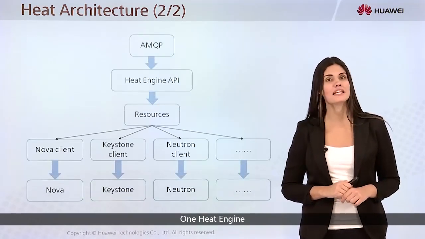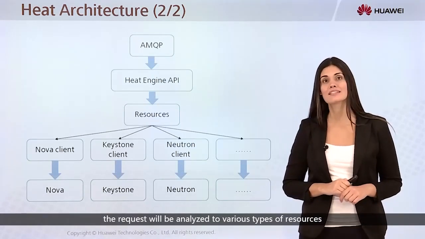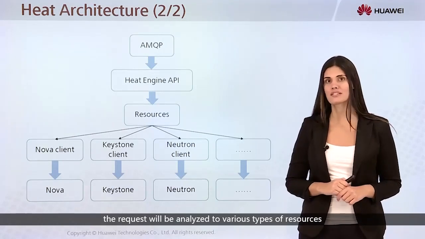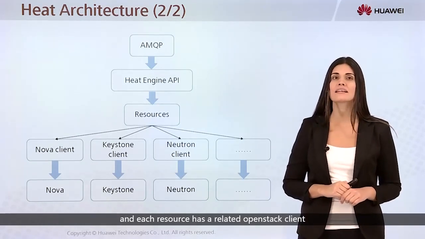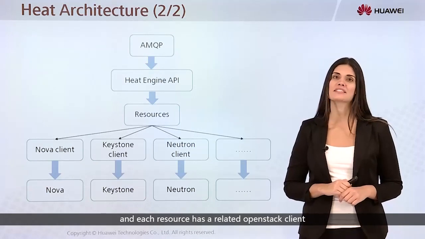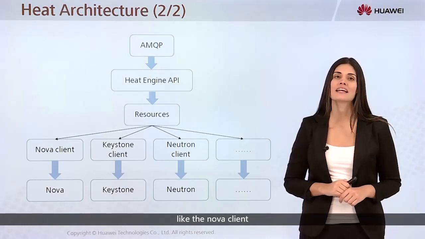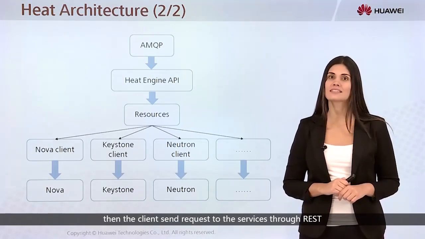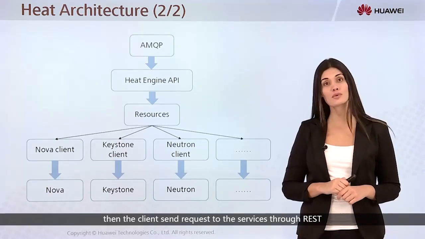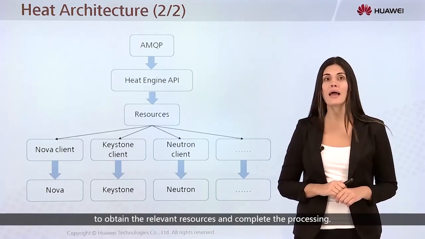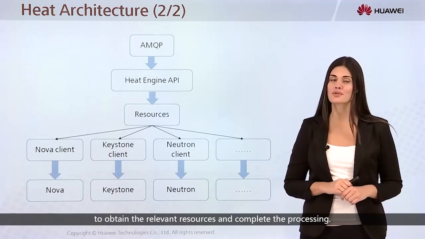In the Heat engine, the request will be analyzed into a number of resource types, and each resource calls the relevant OpenStack client, like the Nova client or Keystone client. Then the client sends requests to the service's REST API to obtain the relevant resource and complete the process.